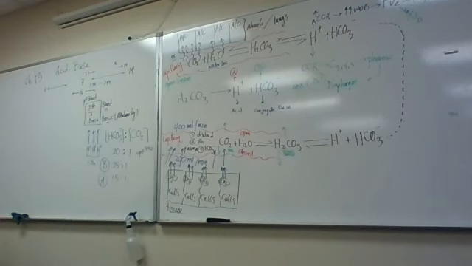Page 302, left column, as you go down, right above compensation, restoring pH to normal, there's a paragraph. Right above that paragraph, second line, it says, an individual may lose HCl, hydrochloric acid, from the body by vomiting.